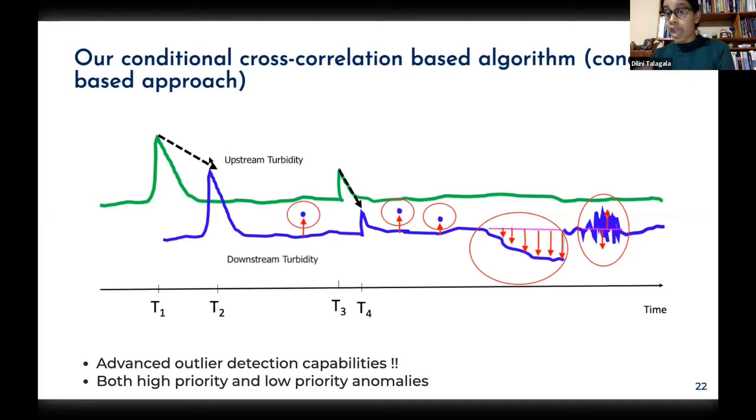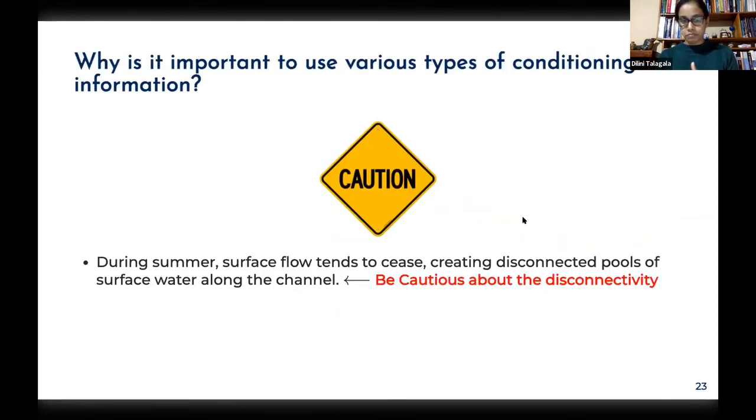That is another advantage of taking two sensors that are close to one another. By combining all three pieces of information, it advances the outlier detection capabilities of our algorithms, and it also focuses on both high priority and low priority anomalies.